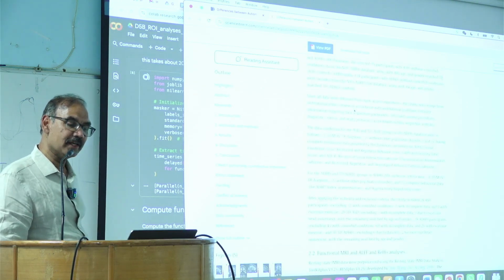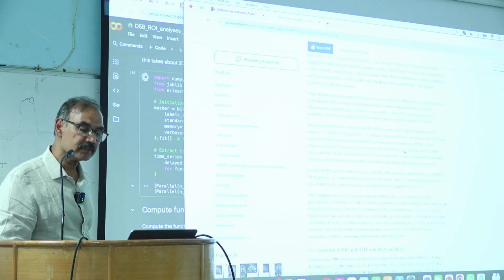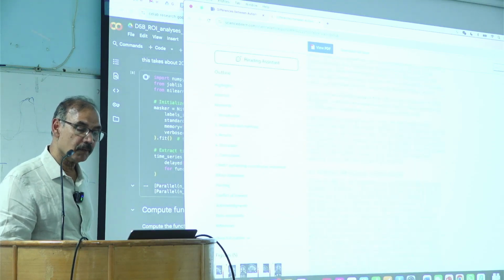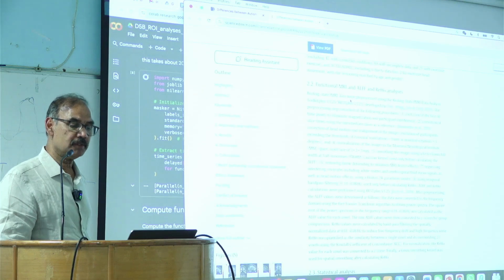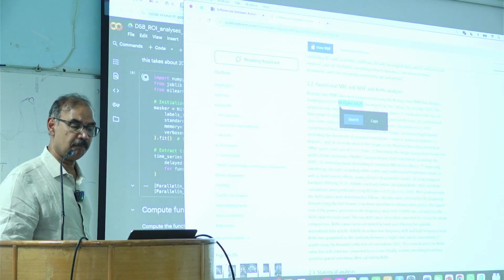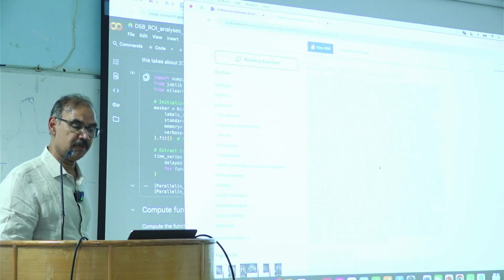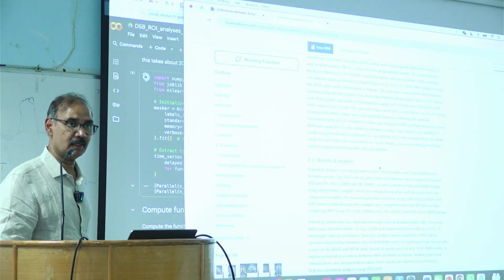Since all data were obtained from open access. Okay, what software did they use? So they used something called REST. There is another software which exists called DPABI, right?